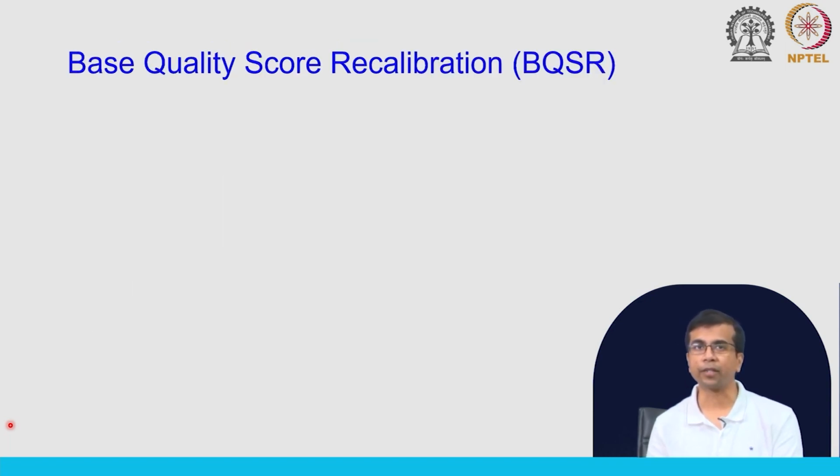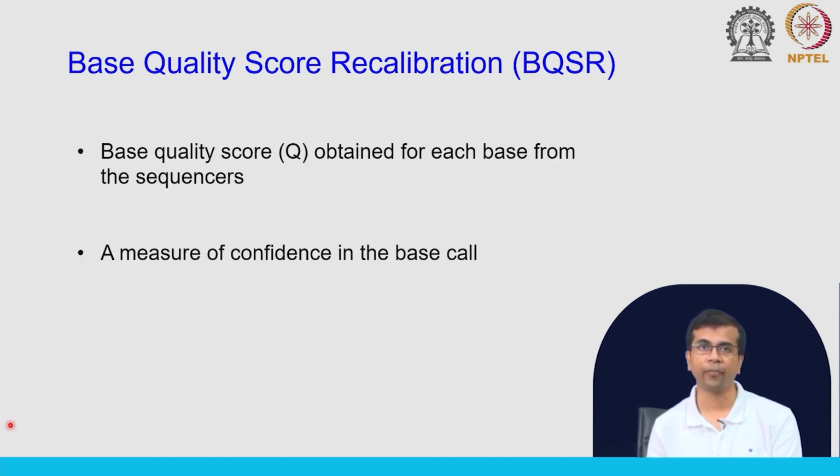Coming to the base quality score recalibration. The base quality score of each base is recalibrated. You might ask what is the need for such recalibration. As you probably remember, the base quality score or Q score is obtained for each base from the sequencer. It measures the confidence in the base call, and is generated from the signal to noise ratio.